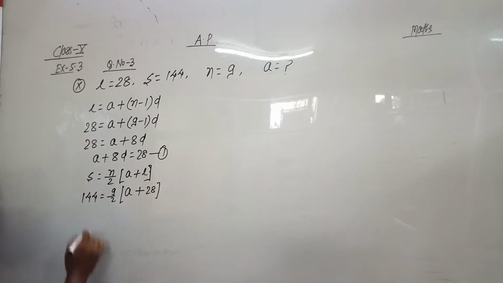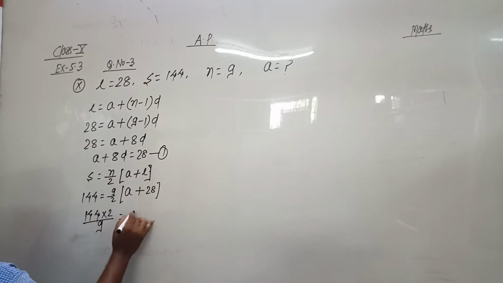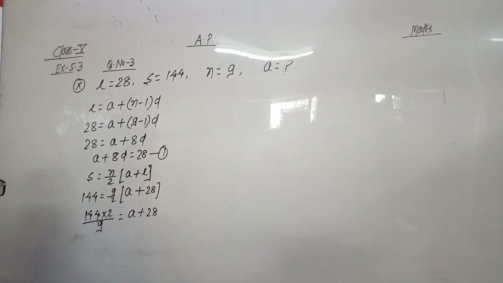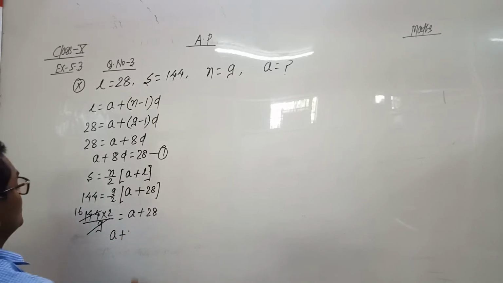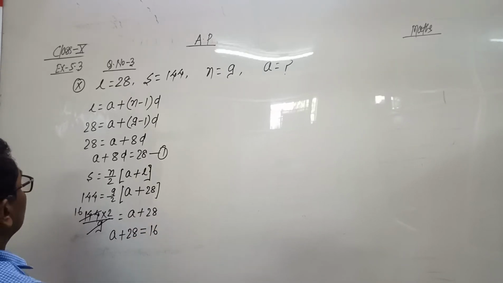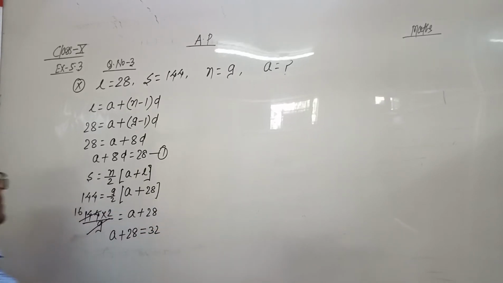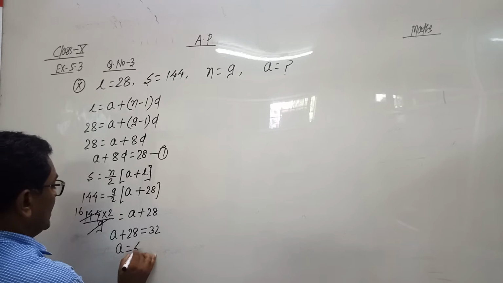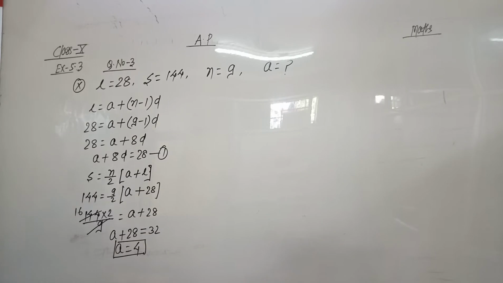By cross multiplication we get 144 into 2 by 9 equals A plus 28. 144 divided by 9 is 16, so A plus 28 equals 16 into 2, which is 32, and the value of A comes to be 4.